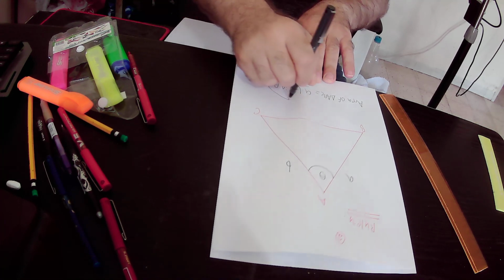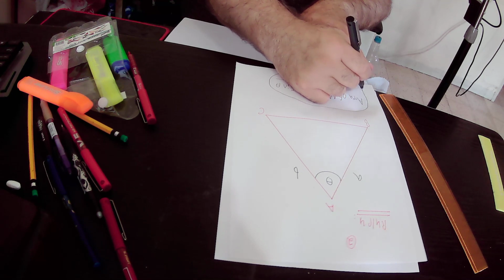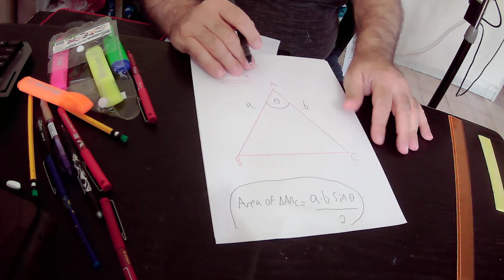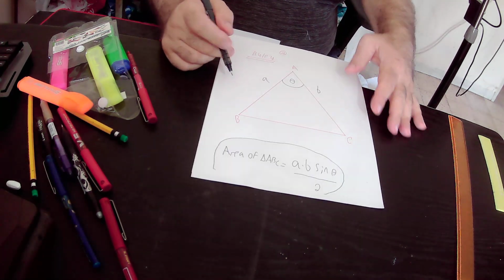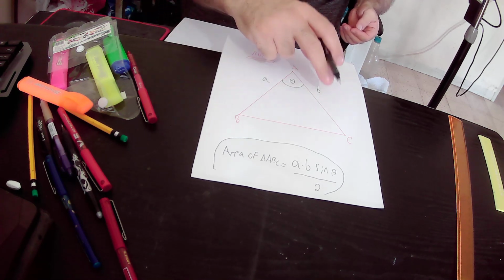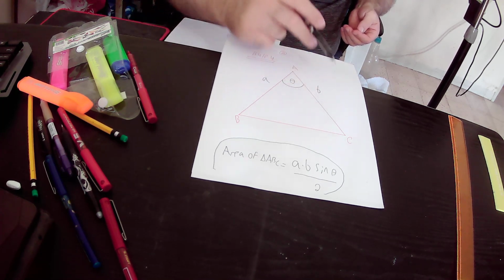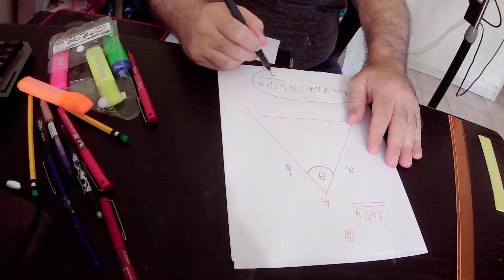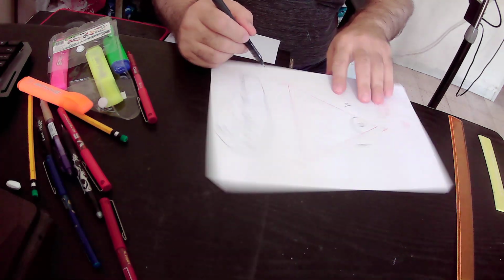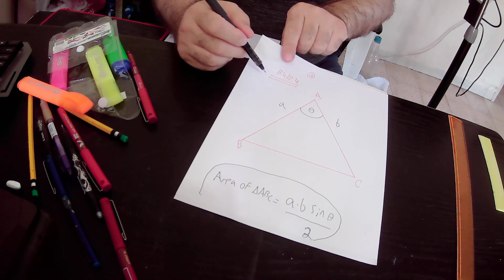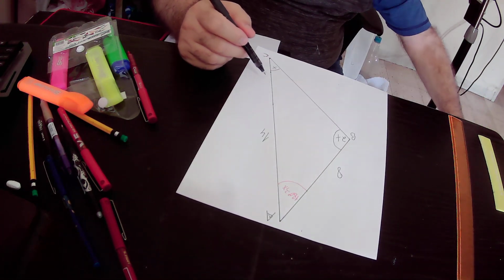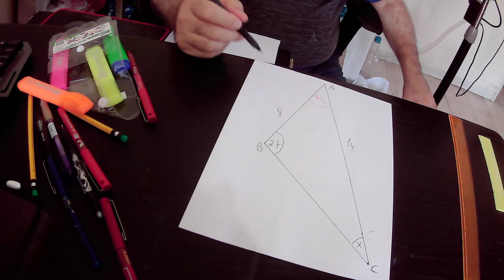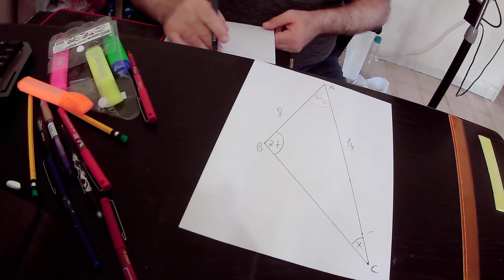Again, the area of any triangle equals A times B times sine theta over 2. Okay, so we can implement this formula in our triangle ABC according to the formula that I presented to you.